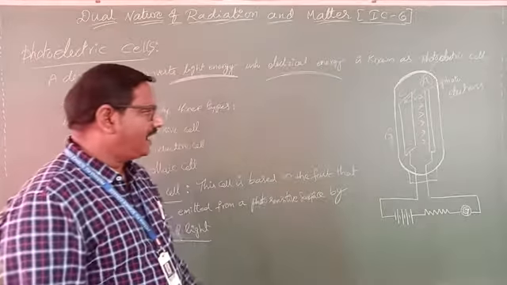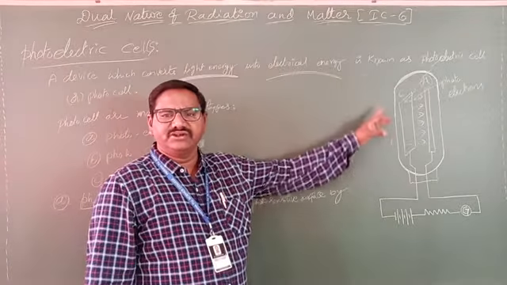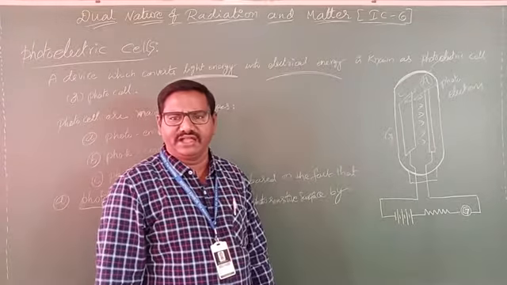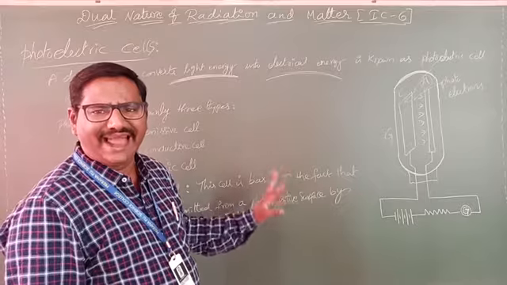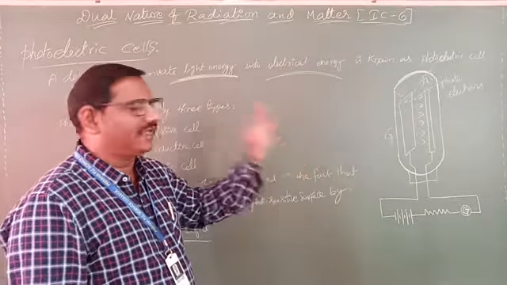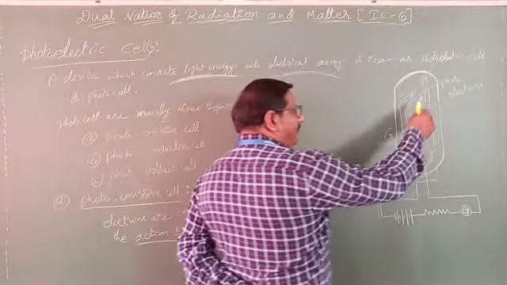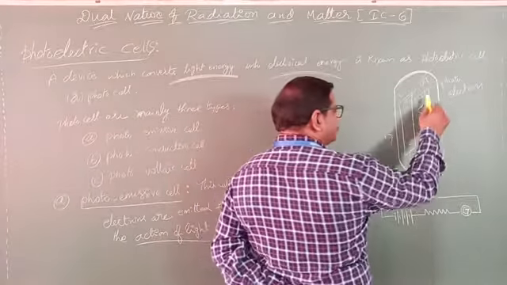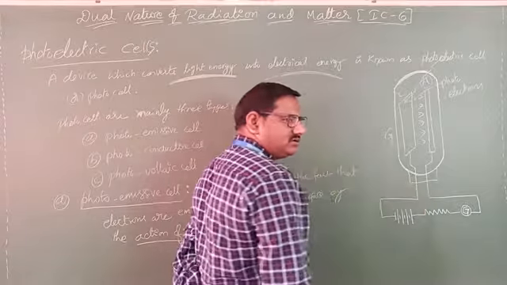Clear? Now when light is incident on this photosensitive material, what is observed? Very clearly we can observe that electrons are ejected from the cathode. The anode has a positive potential, so the negative electrons are attracted by it.